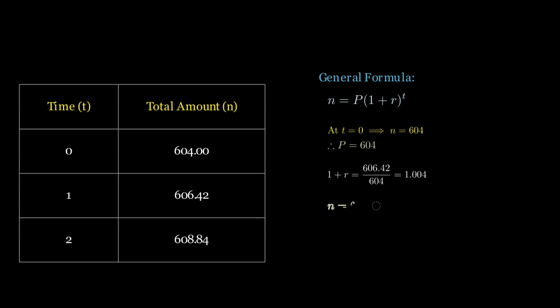This gives us exactly 1.004. Substituting our P value of 604 and our growth factor of 1.004 back into the general formula gives us our final equation. N equals 604 times the quantity 1 plus 0.004 raised to the power of t.